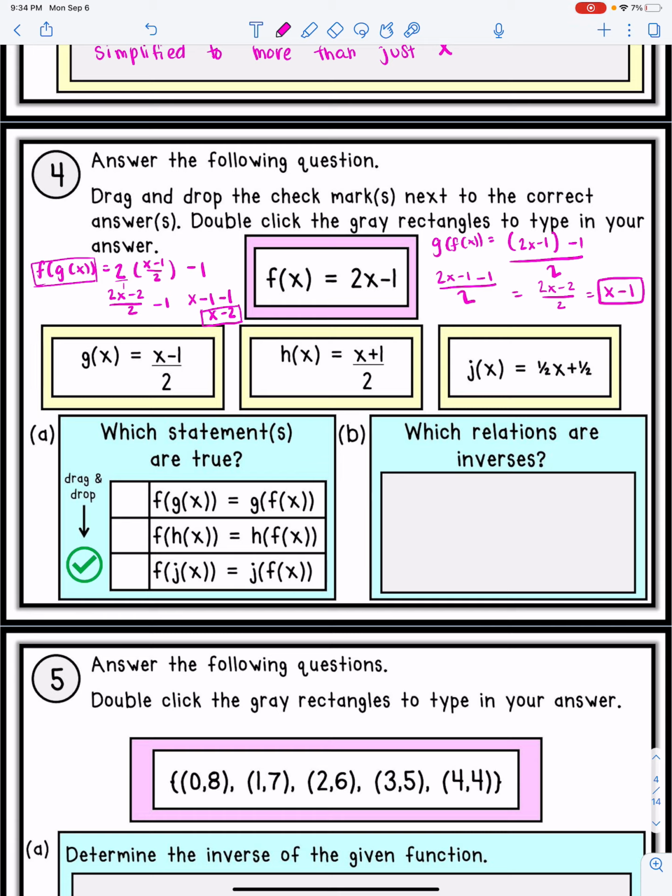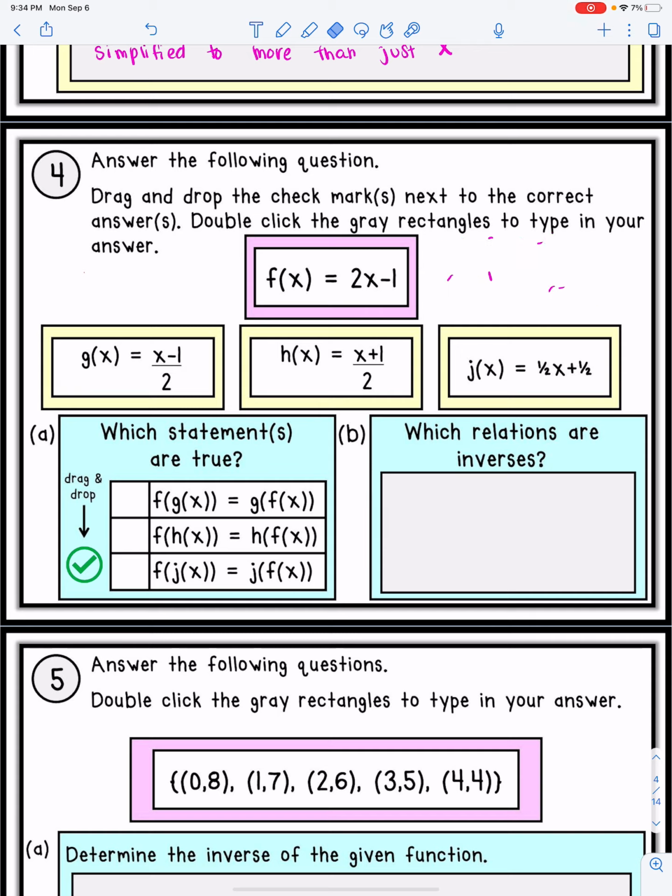Okay, now we need f of h of x. All right, so let's erase this. All right, f of h of x, we're going to start with f as the outline, so 2 parentheses minus 1.